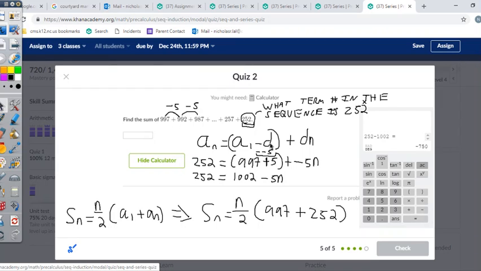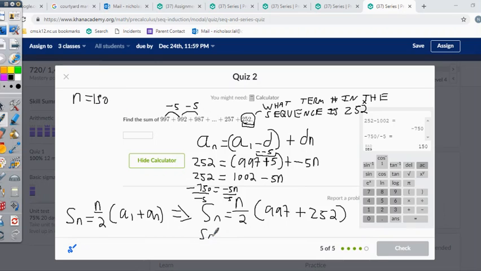So that's going to be negative 750 equals negative 5n. Divide each side by negative 5. N is equal to 150.